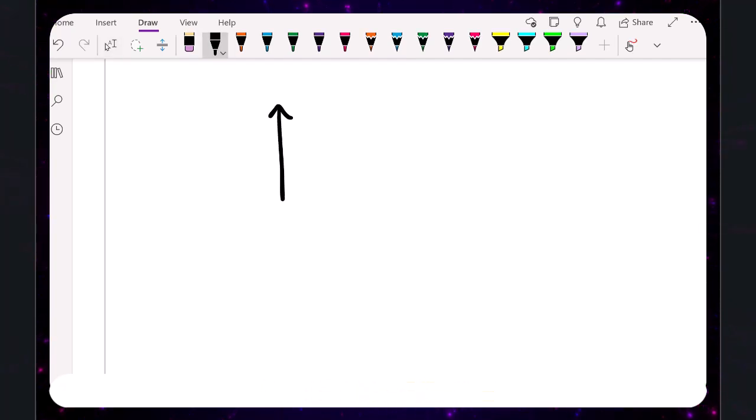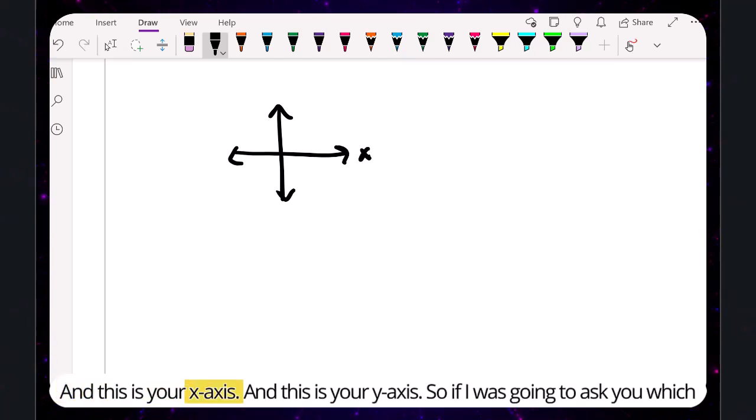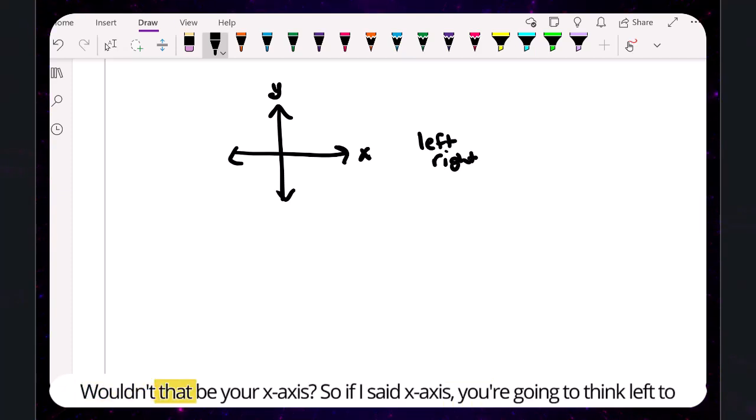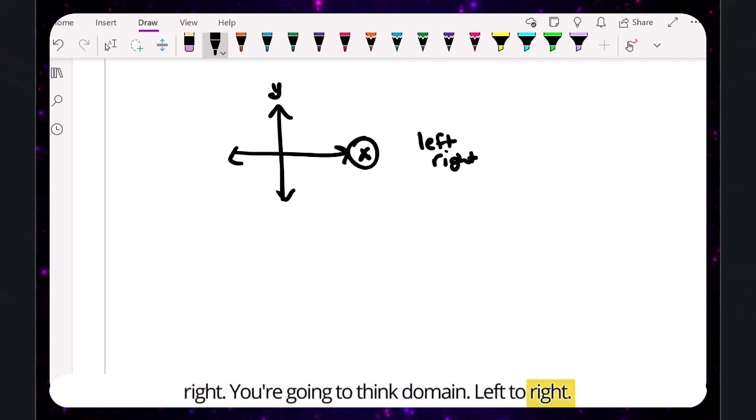So you know that you have a coordinate plane, and this is your x-axis, and this is your y-axis. If I was going to ask you which axis talks about left to right, wouldn't that be your x-axis? So if I said x-axis, you're going to think left to right. You're going to think domain, left to right.